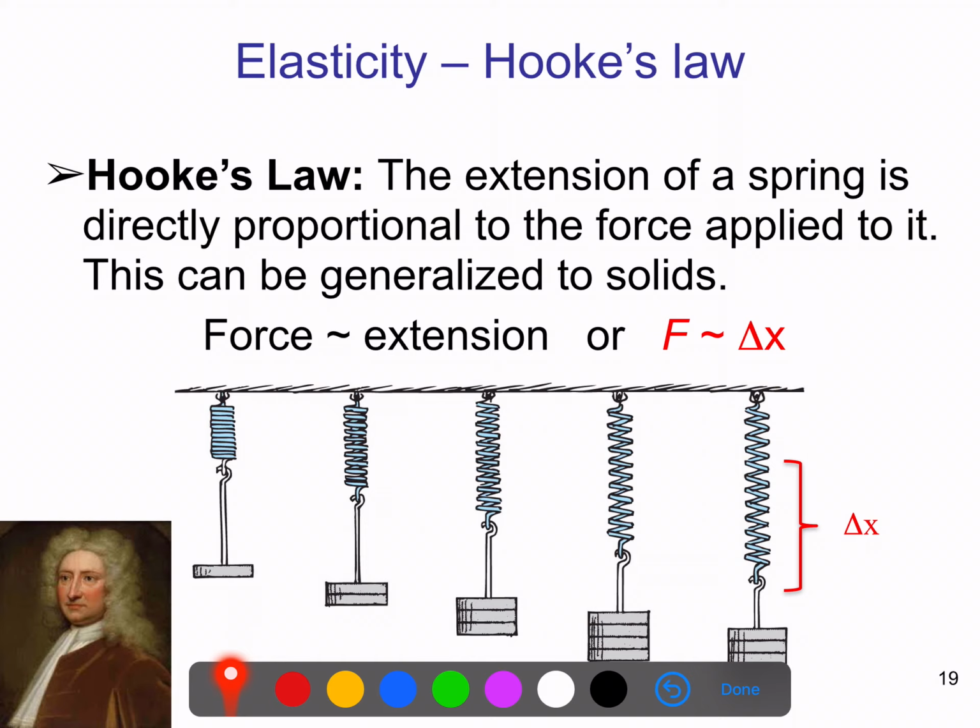And depending on the material, or in this case the spring in this example, it may be more or less easy to achieve that extension or compression, but for whatever given spring I have, the more force I apply, the more I expect to see the extension continue or the compression continue.